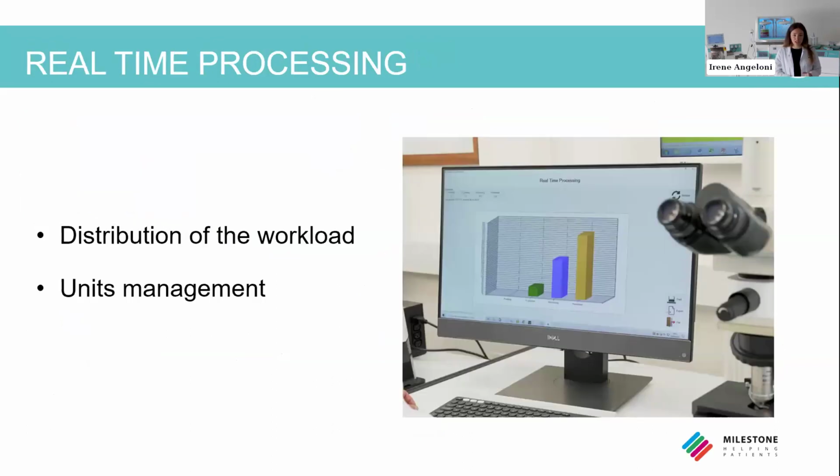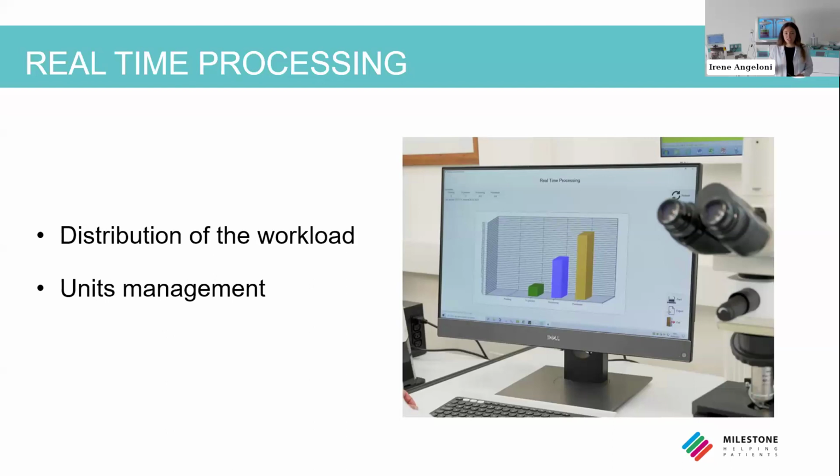This was in general Milewatch, but in this particular context of the laboratory workflow, I would like to talk to you about this tool that I find particularly useful to support also the change in the workflow of the lab, that is the real-time processing. Because thanks to this tool, you can see how many samples you have in a specific phase.